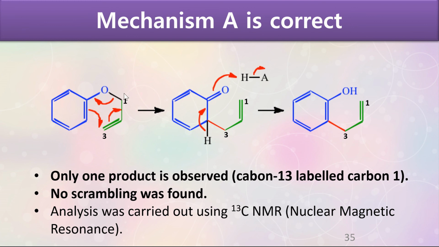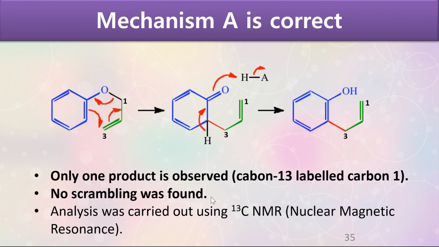And I labeled this carbon 1, carbon 2, carbon 3, and what we're seeing here is that the product in which you have a bond between the carbon and carbon 3 was the only product that was observed.